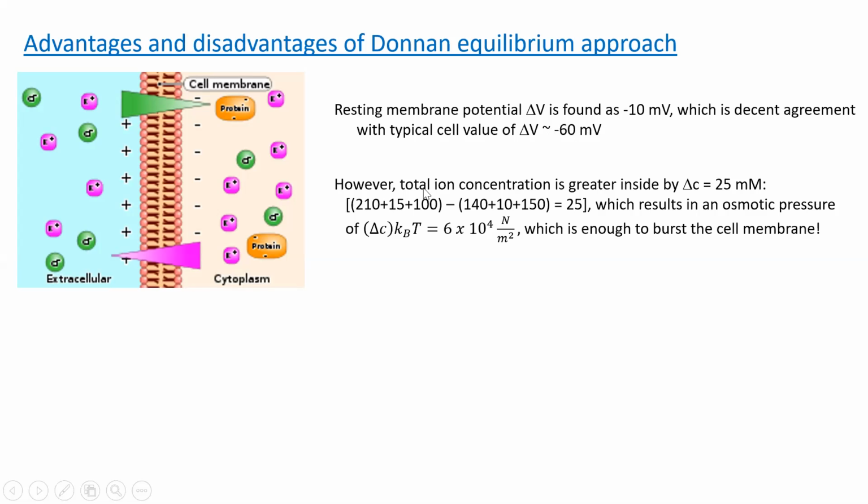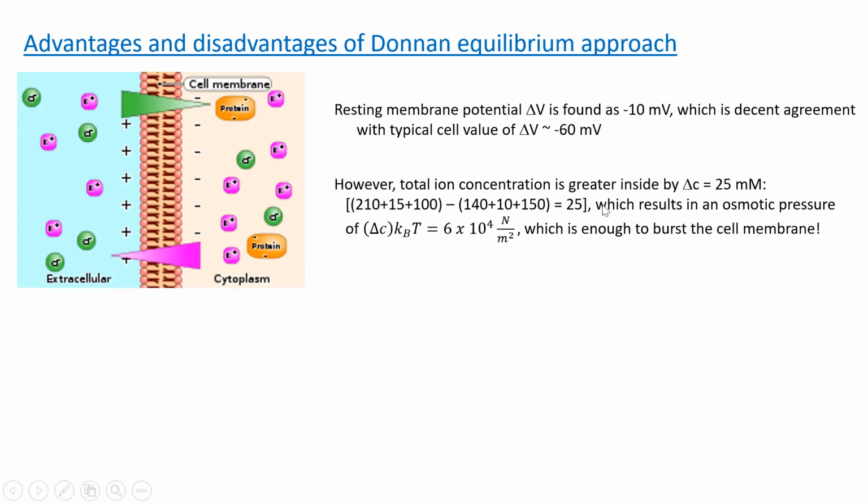However, the total ion concentration turns out to be greater inside by 25 millimolars. If you go back and look, the sodium and potassium and chlorine inside the cell has a total of 325 millimolars, while that outside the cell, which was the measured amount, is 300. So the difference is 25.